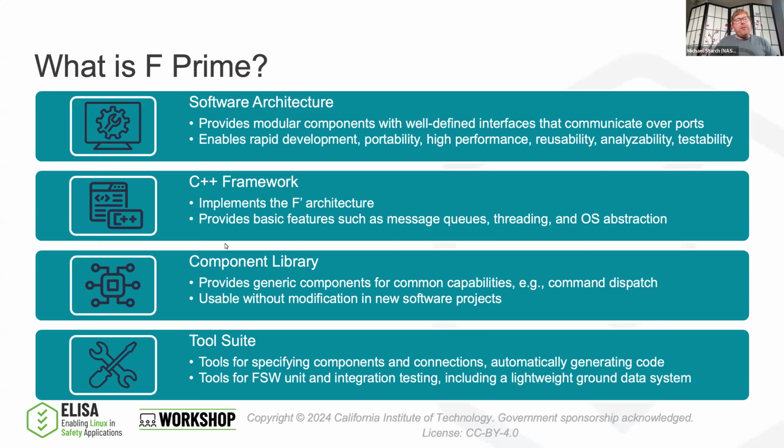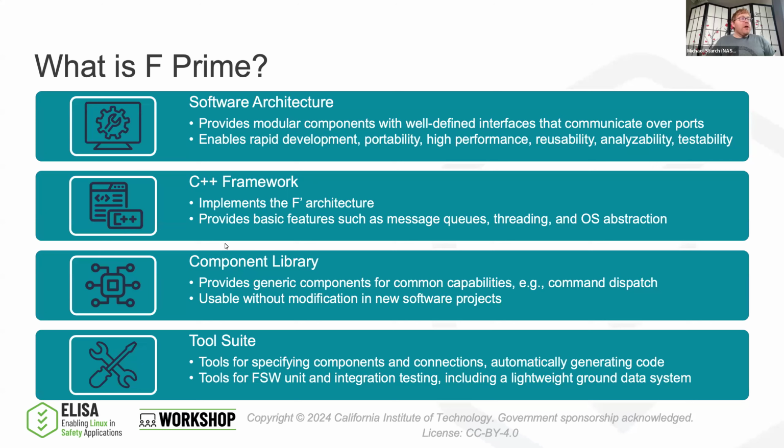We have ports, which represent the interface between a component and another component, and that all federates into what we call a topology, which is your system graph, where all these components connect together to make the entire behavior of the system. That's the architecture. It is also the C++ framework, which comes with the C++ code that implements that architecture that we just talked about. It also comes with things like queues, threading, OS abstraction, etc.